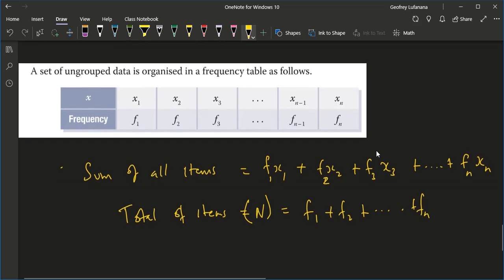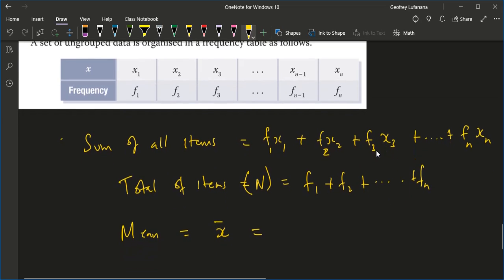And by definition, the mean of the data, which is also called x bar, would be the sum of all the items over the total items.